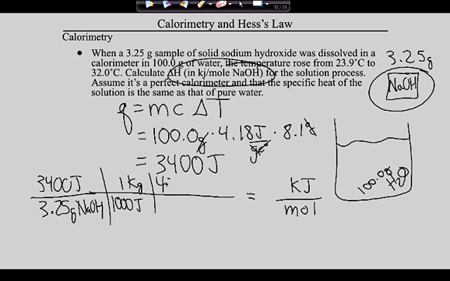So 40.0 grams of NaOH is 1 mole of NaOH. So now we do this math. And we go 3,400 divided by 3.25 divided by 1,000 times 40. And we get 2 significant digits. So I get 42 kilojoules per mole.